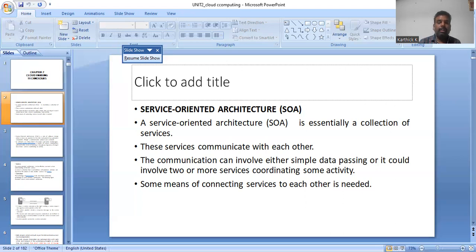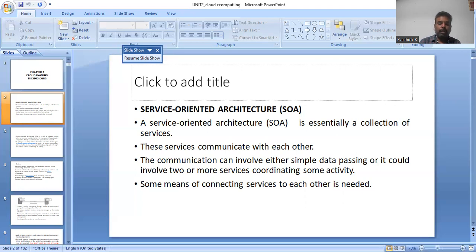As I said before, all these services will be accepted by your service oriented architecture and converted into a common format. That common format will be in the format of WSDL, web service description language. These languages will convert it into a common format, and that input will be given to your server side, and the server will process all this data and send our data back to the cloud consumers from the server end.